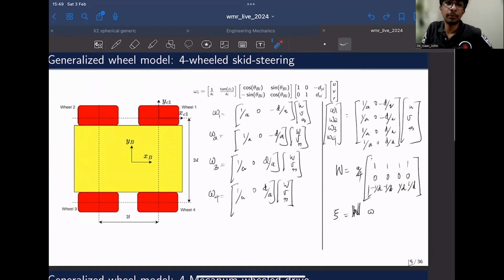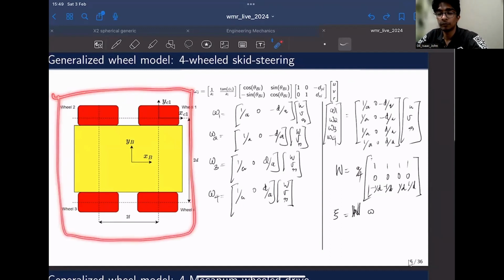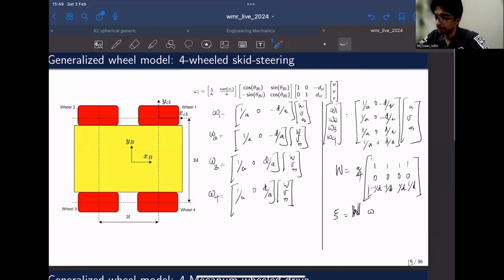So more control inputs than the degrees of freedom, but still it does not give you the maneuverability when compared with the holonomic devices and the three-wheeled omni drive configuration. So earlier it only had two inputs, but still it cannot move in all directions. Here it has 4 wheels, but still it cannot move in all directions.